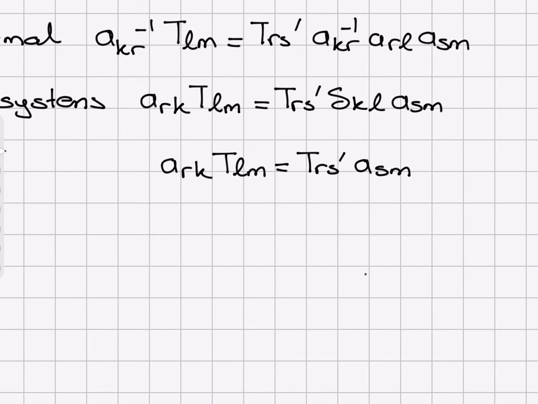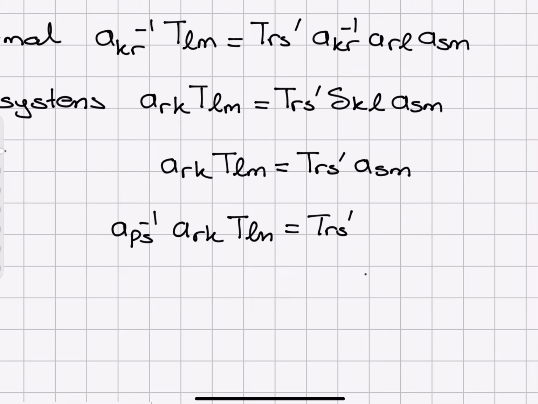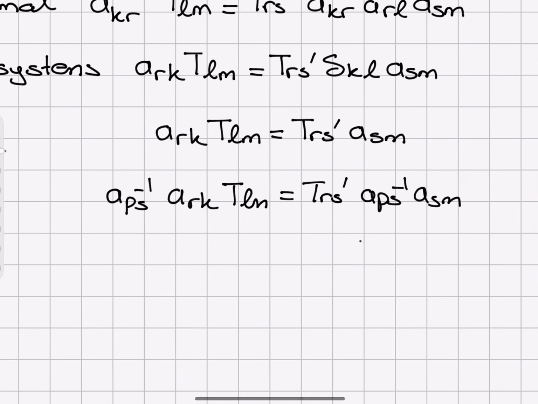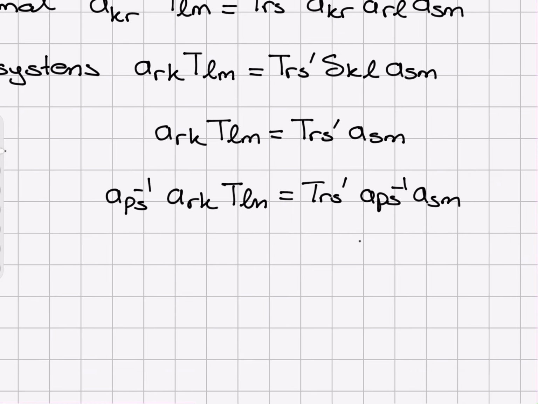Okay, now I'm going to multiply it with a_ps inverse, a_rk T_lm. This will give me T_rs prime a_ps inverse a_sm. And once again, I have here a_ps inverse is equal to a_sp.